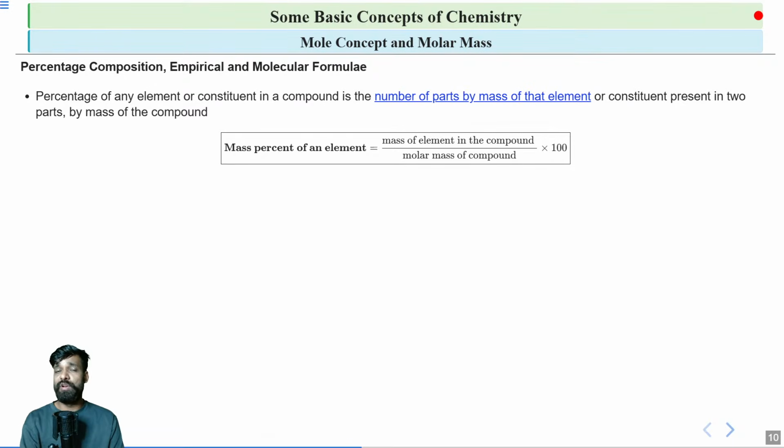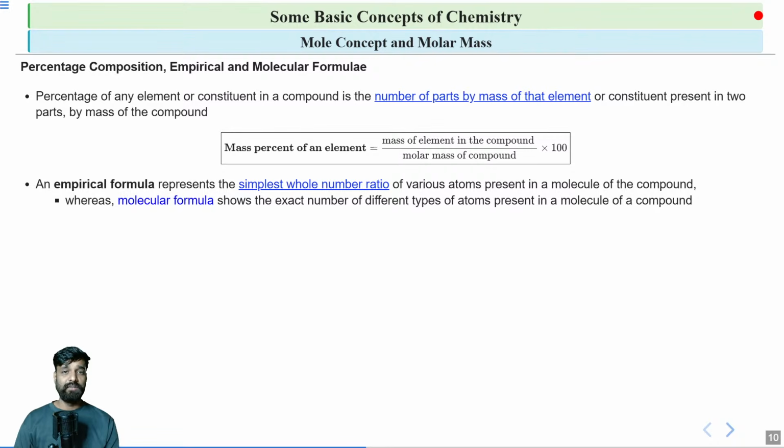If you take 1 mole of water, then its mass would be 18 gram, right? So 2 from hydrogen and 16 from oxygen. So in the denominator, your molar mass of the compound would be 18. What will be in the numerator? It will be the mass of hydrogen. There are 2 hydrogens, so that will give you 2. So 2 by 18 into 100. This will give you the mass percentage of hydrogen present in water. Very simple. Okay, I hope you are getting this point.